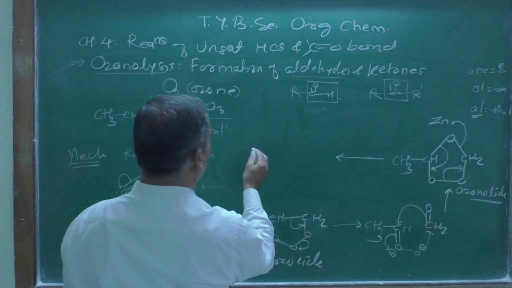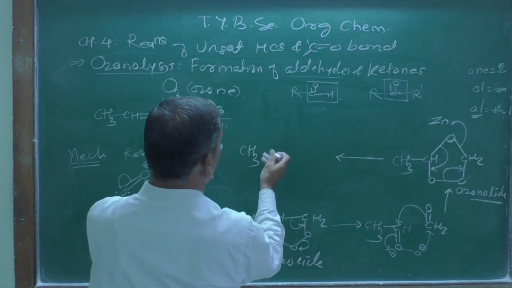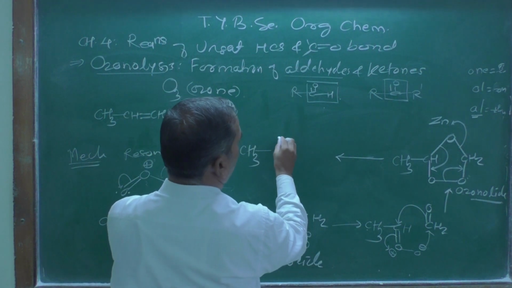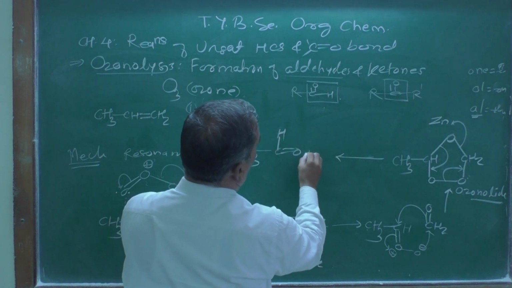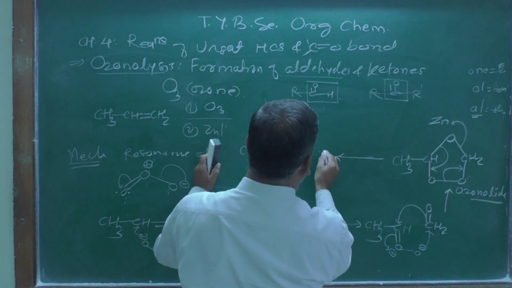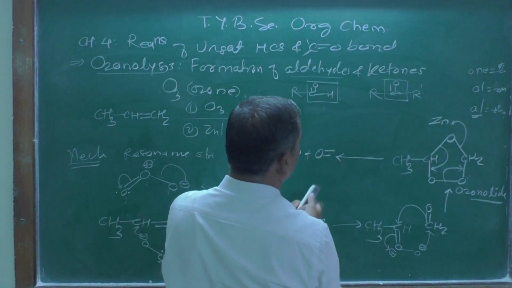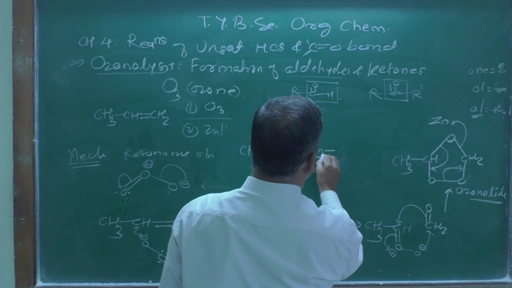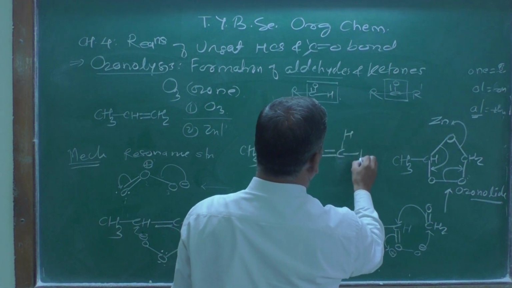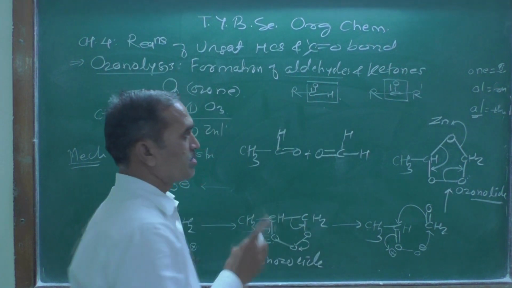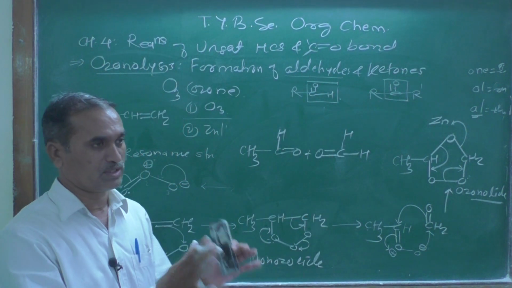If you write here, you will get this one CH3, then this hydrogen atom over there, double bond O, and plus this oxygen atom O double bond C, and as you know this hydrogen atom you can write like this. This is the mechanism of ozonolysis.